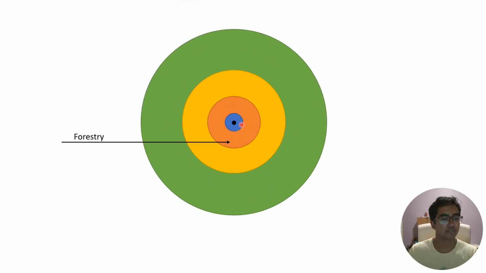Now, the next ring is going to be forestry. Now, in the 1800s, wood was an important source of fuel because people burned it to stay warm, to cook, to do all these other things. And wood is large and heavy, which means that it is difficult and expensive to transport far distances.